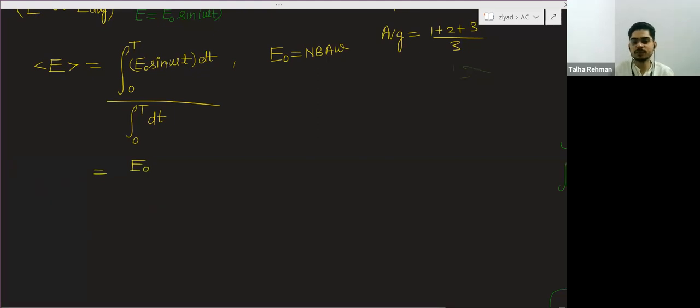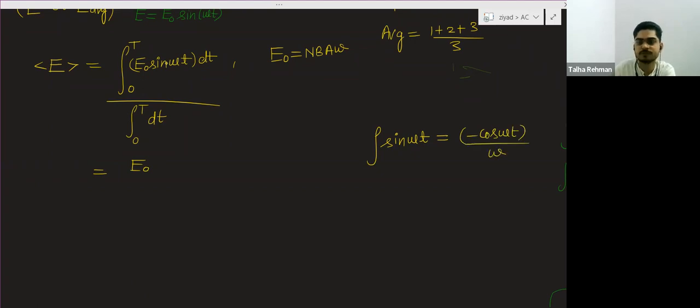And what is the integration of sine? Suppose you are integrating sine omega t. This will become minus cos, so this is minus cos omega t, and in the denominator you will get omega.